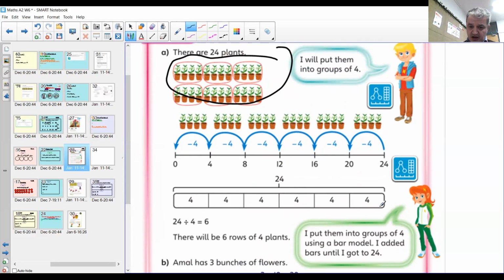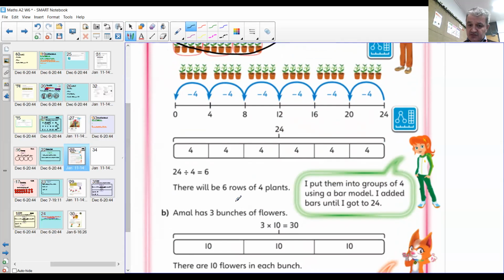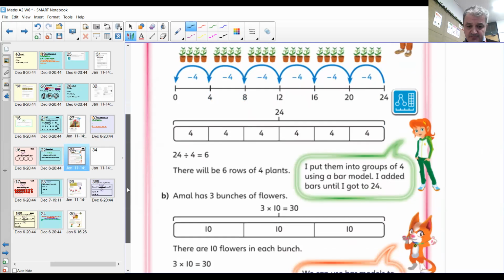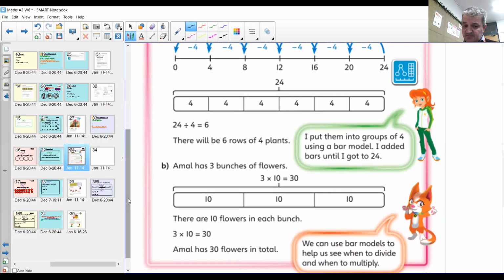Or we can do the bar model, the number sentences underneath, 6 rows of 4 plants. So this is the girls saying, I put them into groups of 4 using a bar model. I added bars until I got to 24. Question B, 10 flowers in each bunch, 3 bunches. So we do the 3 times 10 first, and we end up with 30.